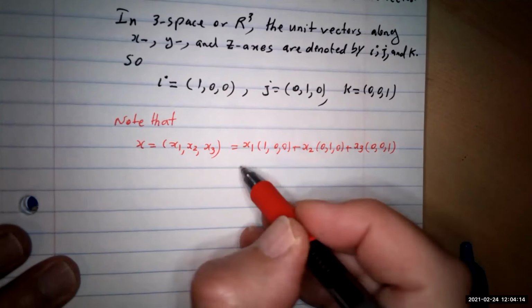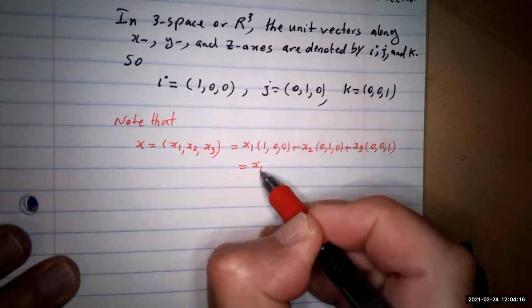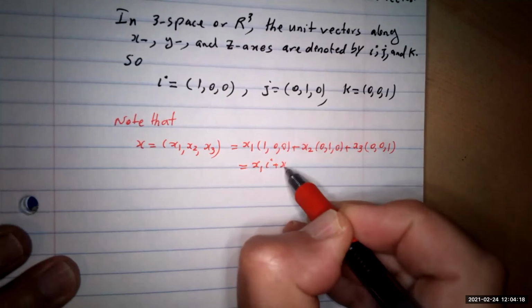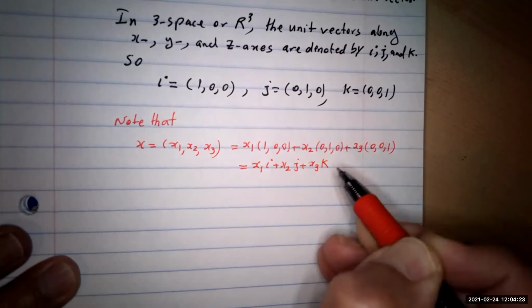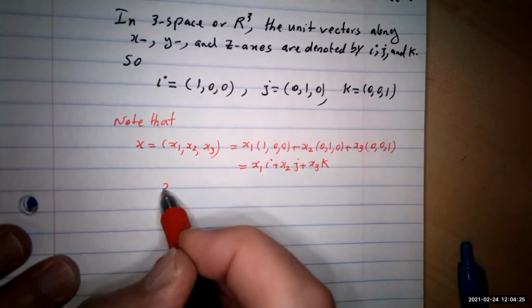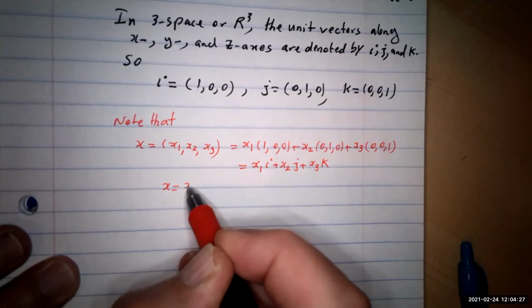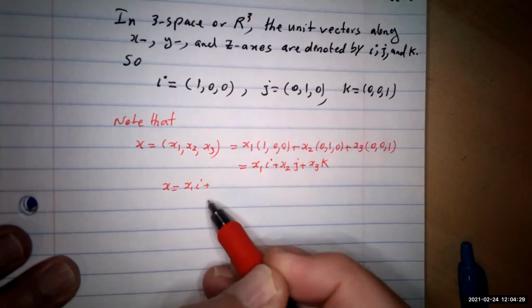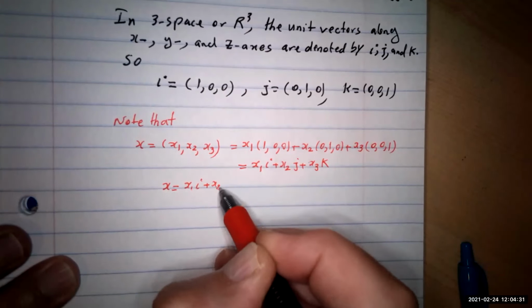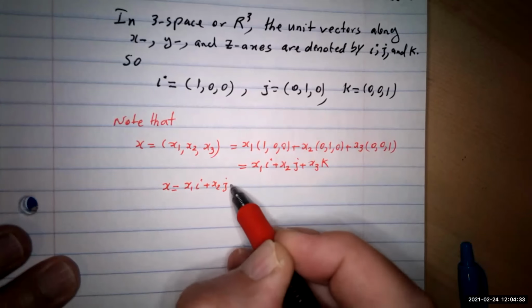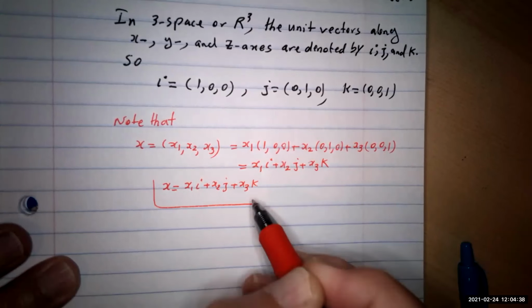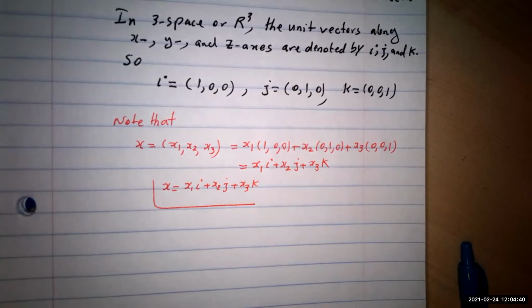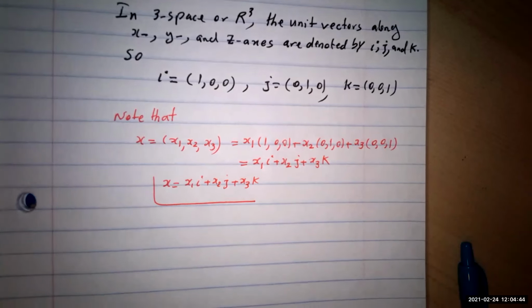This is x1 times i, plus x2 times j, plus x3 times k. So the vector x can be written in this format. It's a popular form, so you've got to know it. Sometimes in classic examples they give you this format, so we are ready to work with both types of notation.